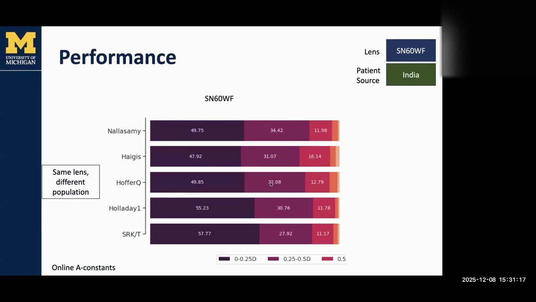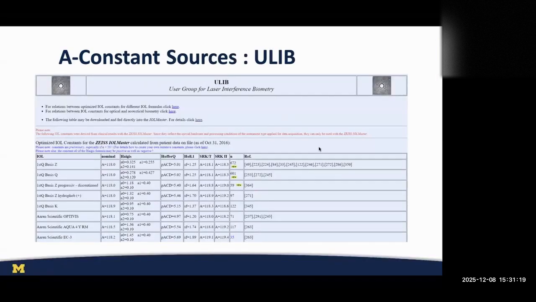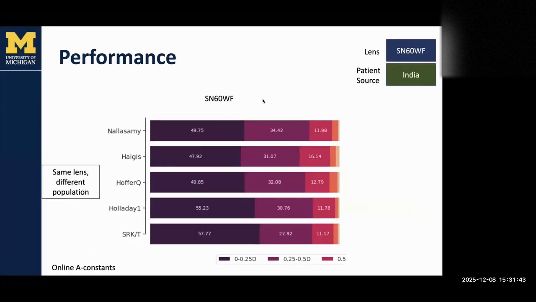And I got this set of A constants online from a publicly available library of empirical A constants. And this library has different A constants for each brand of lens, and in some cases for different populations who use this lens. So for example, there is an Indian A constant for this lens, and there's an American A constant for this lens.